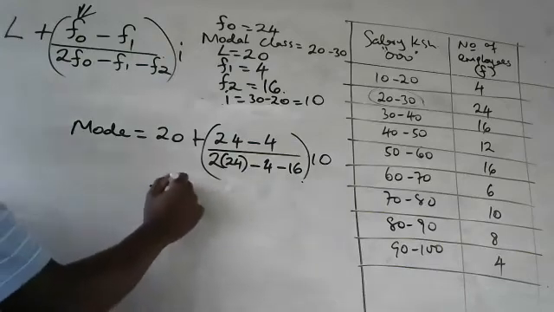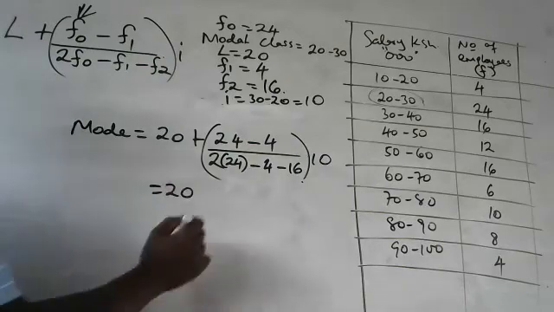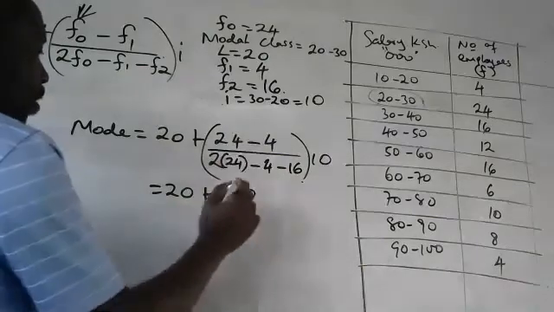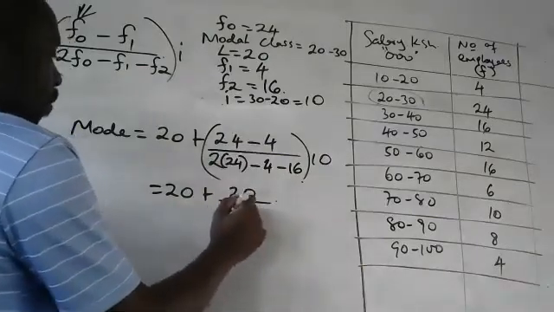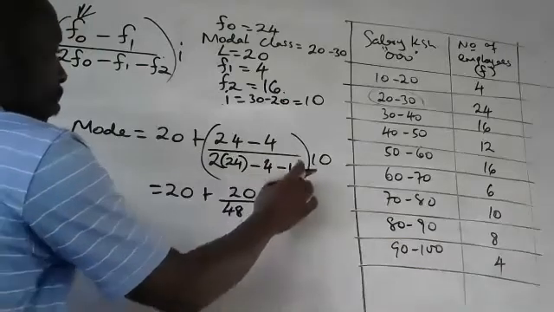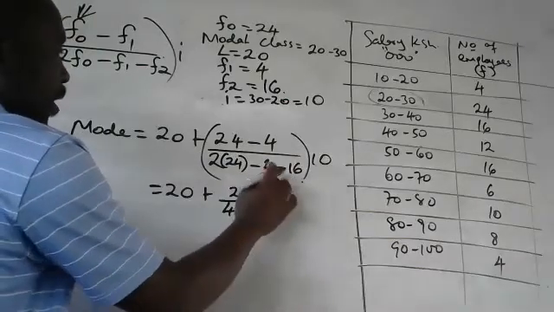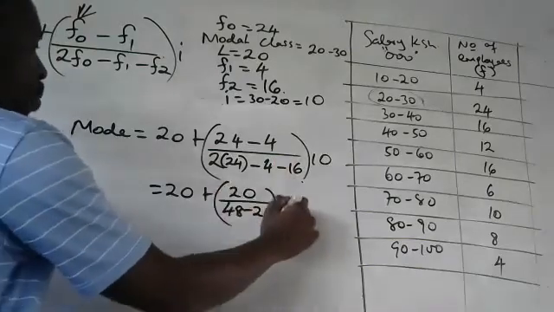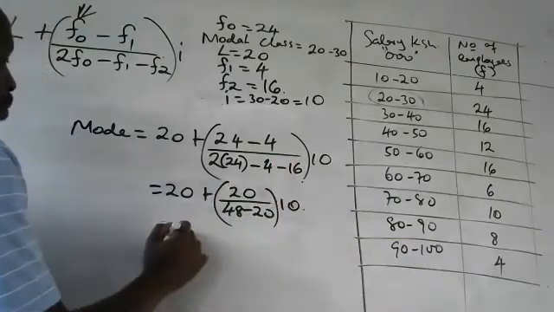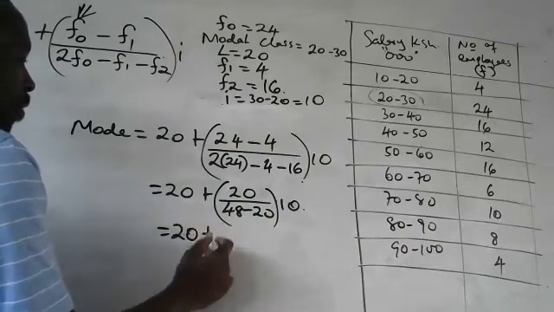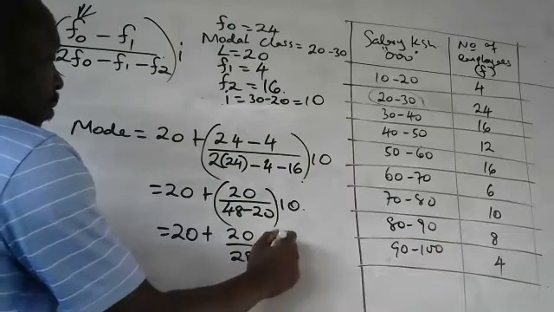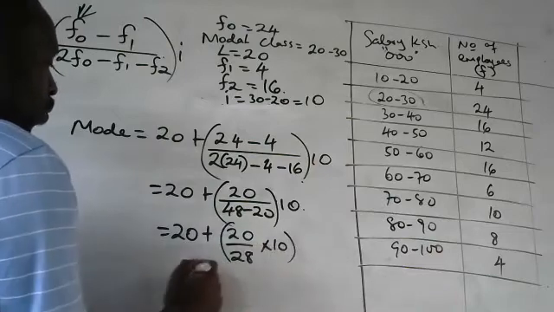So this will be equal to what? 20 plus 20, that is 24 minus 4 is 20, over 48 minus 20. Negative 4, negative 16, the same as negative 20. Then we multiply by 10, which will give us 20 plus 20 over 28 times 10.